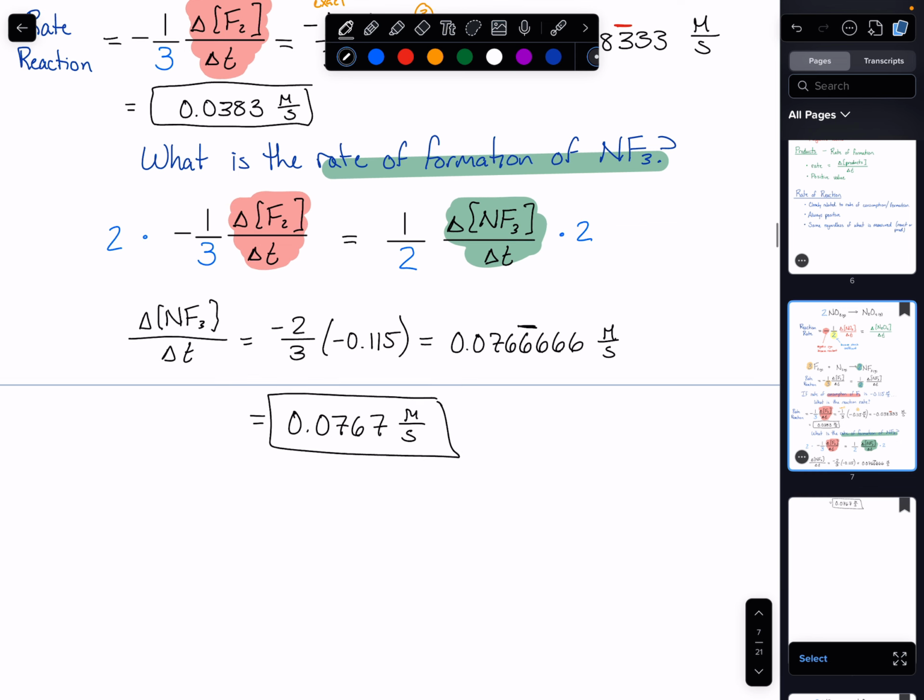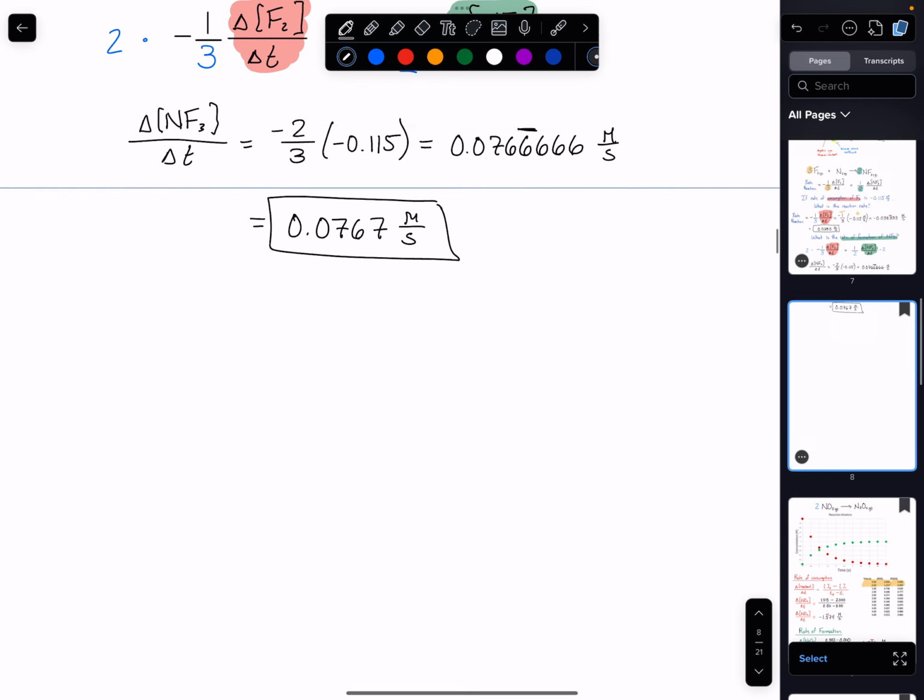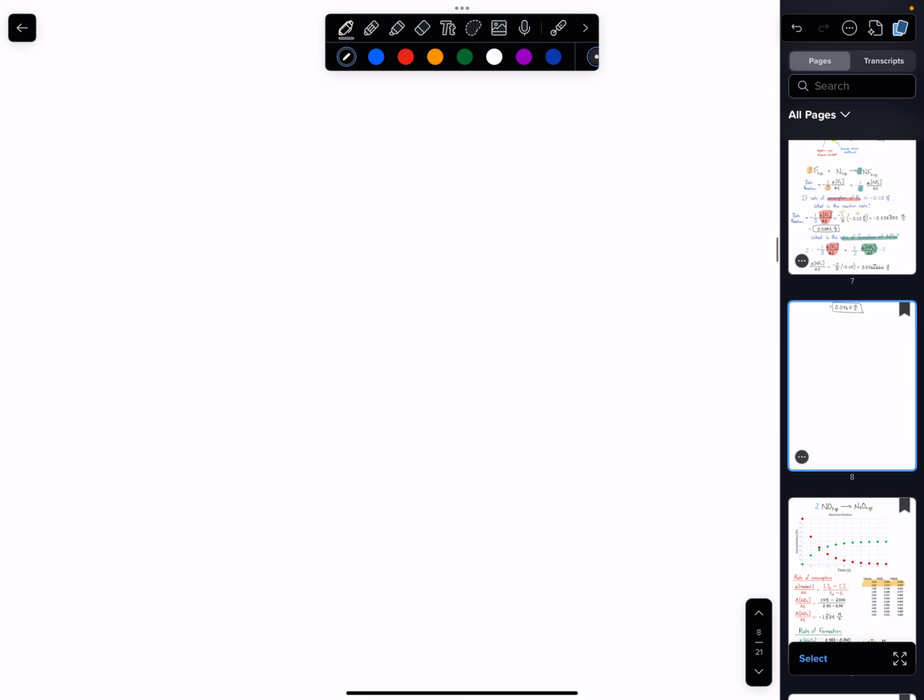Okay, so we're being a little lazy by calling this the rate of our reaction. We're going to learn some vocab here. All right, what we really should have been calling it based on how it was calculated was our average rate of our reaction.